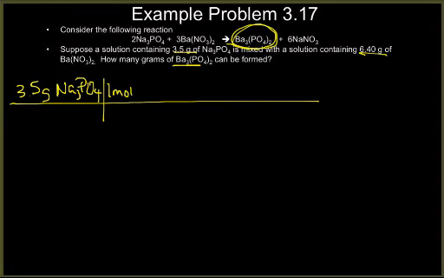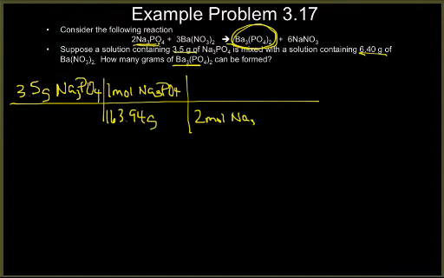So 1 mole of Na3PO4 is 163.94 grams. Then I can go to my mole ratio. So I'm starting with this, and that's going to be 2 moles of that to 1 mole of the product that I'm going to.